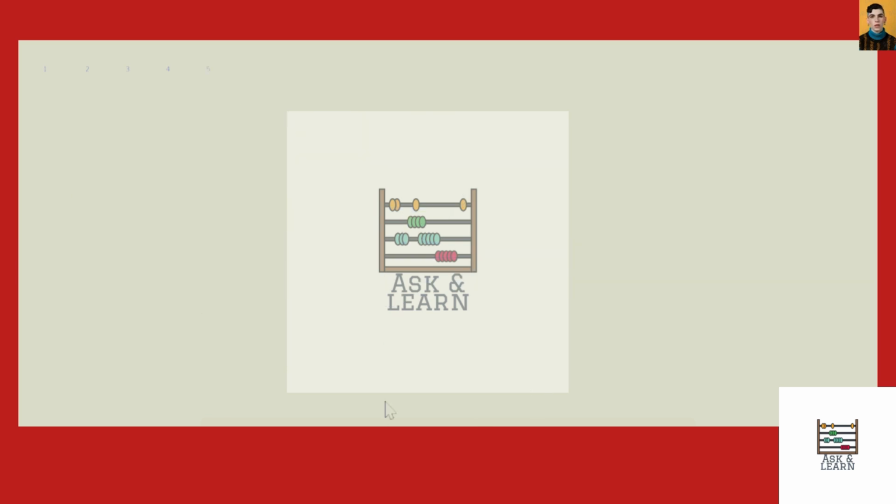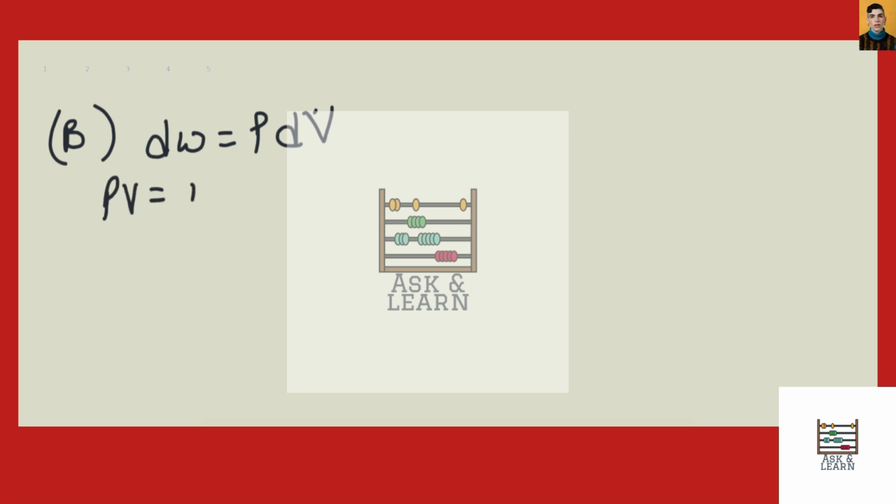For the second option, option B, we calculate the work done by the system, dW equals P dV. For an ideal gas, PV equals nRT. Hence, we can incorporate both: P equals nRT divided by volume.